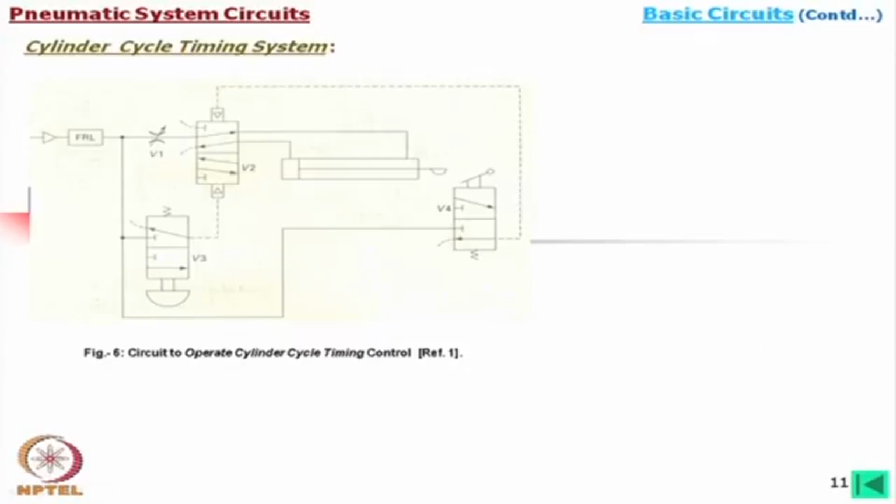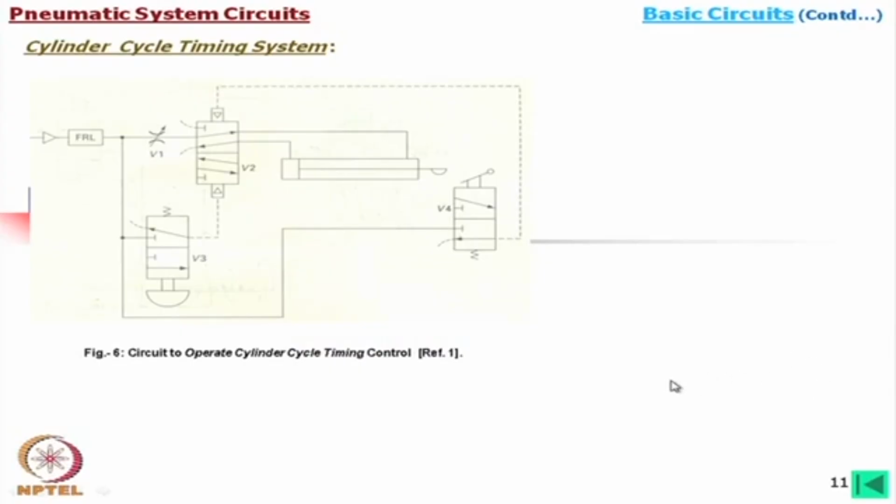Now, we are coming to cylinder cycle timing systems. In many cases, we need not only velocity control, but there is some timing as well. That means, after doing a certain portion with one velocity and maybe with another velocity, the next operation should start after some time.